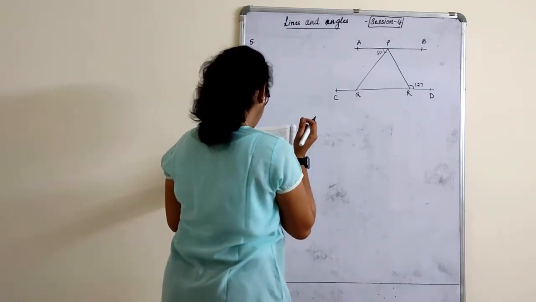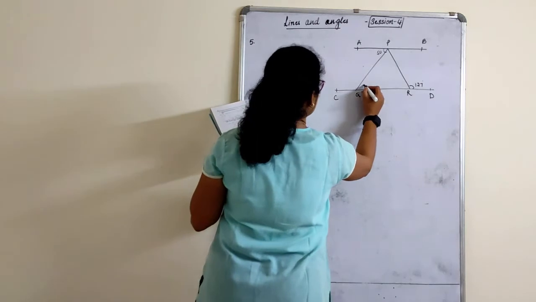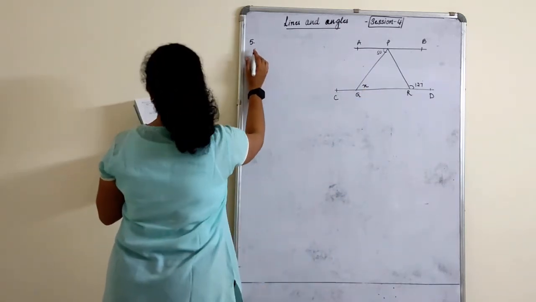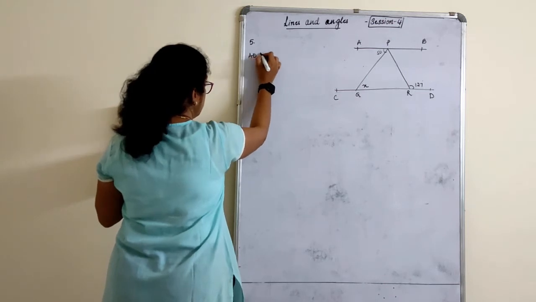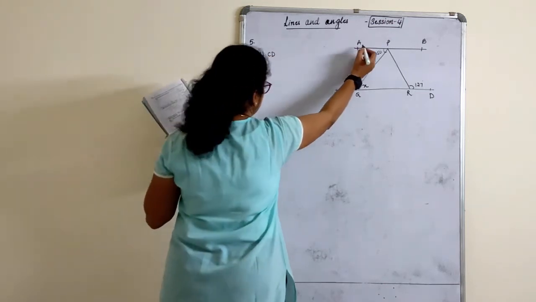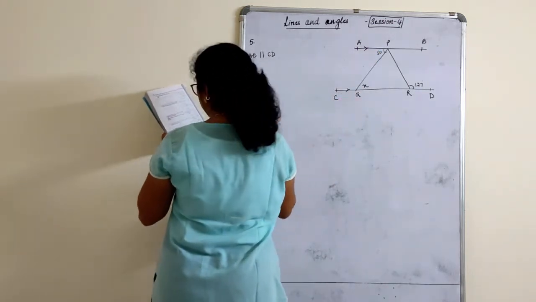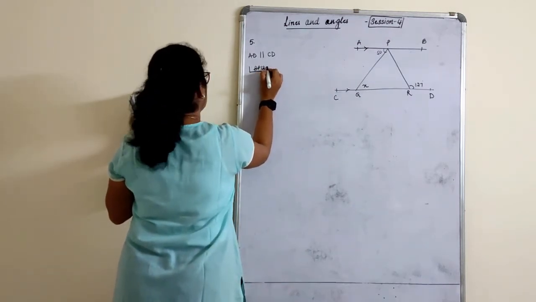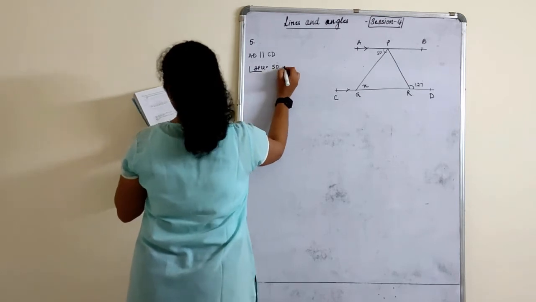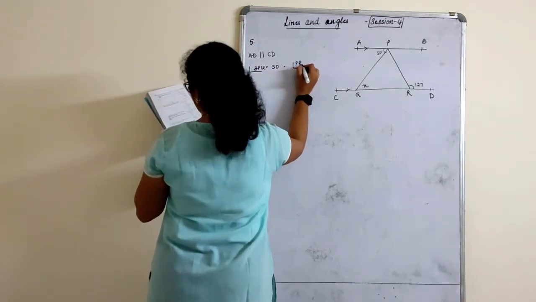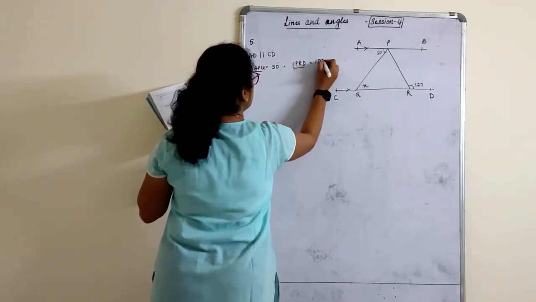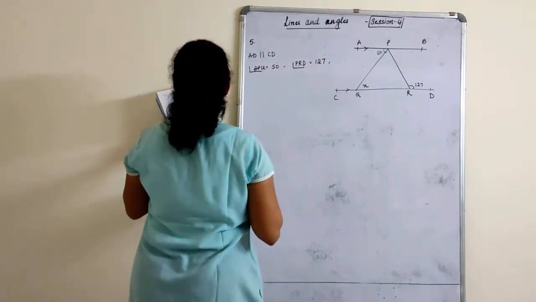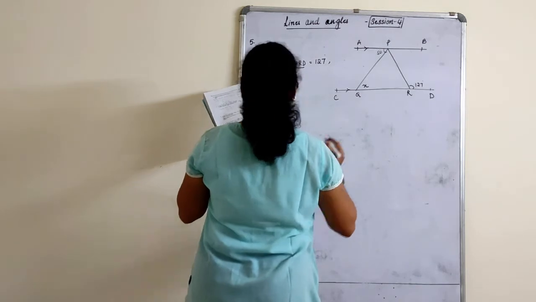The next they have given here is X. In the figure, AB is parallel to CD, mark the parallel line. Angle APQ is equal to 50 degrees. Angle PRD is equal to 127 degrees. Find X and Y. We did not mark Y. Okay, this is Y.